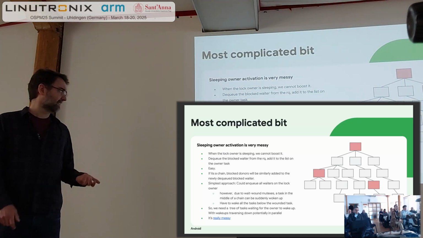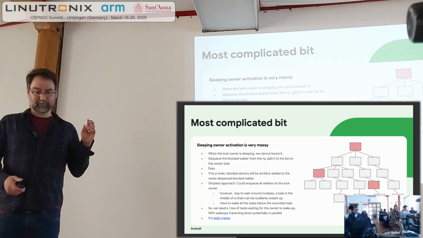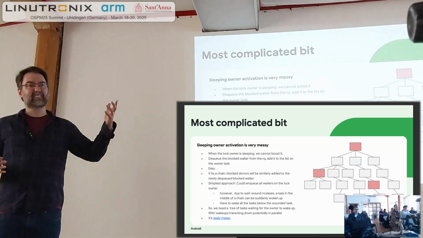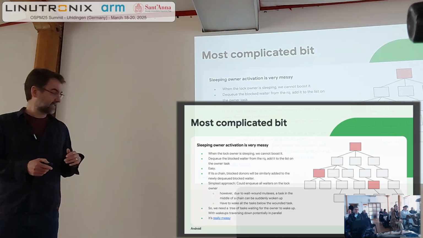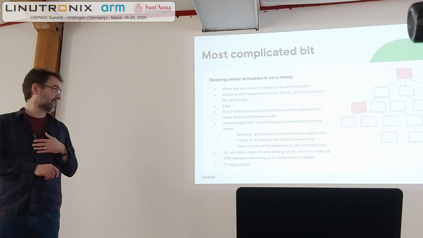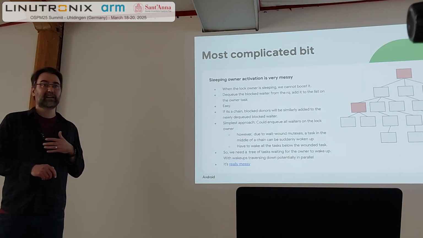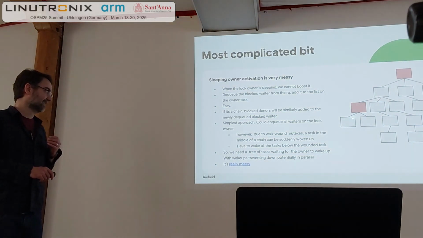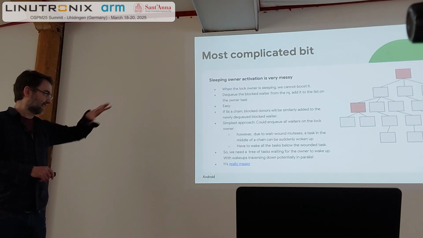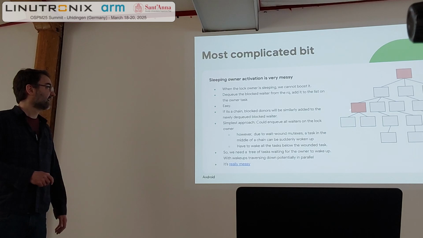This adds a lot of complexity to the code, because we have to maintain this tree structure. Anytime we get a wait-wound wake-up midway through the chain, we need to wake up that subtree and leave the rest alone. So we still have to maintain this whole tree structure; we can't just use one simple list.